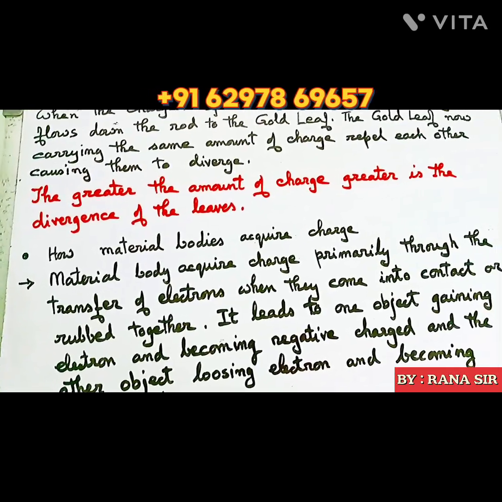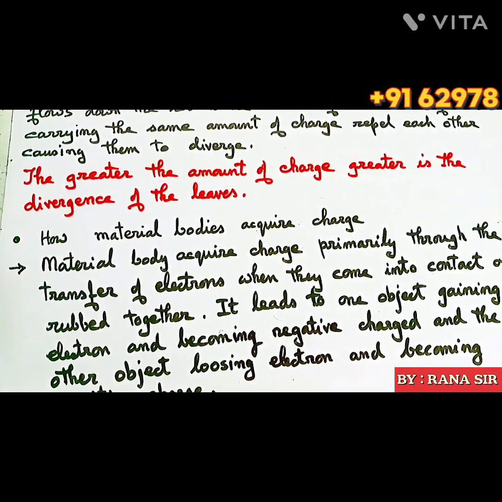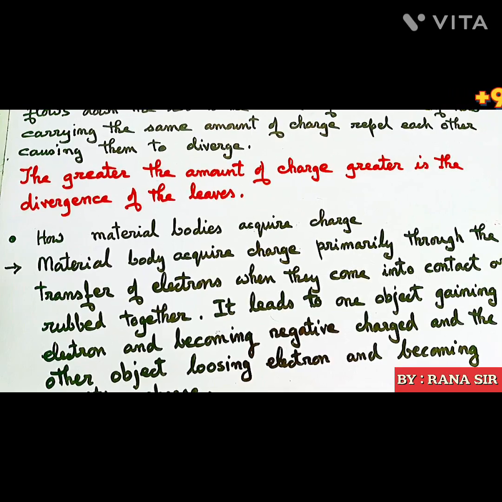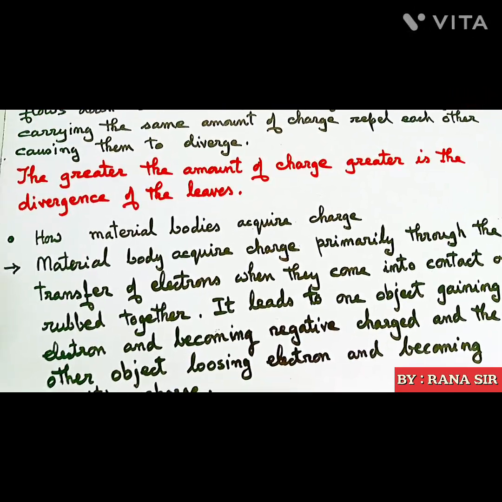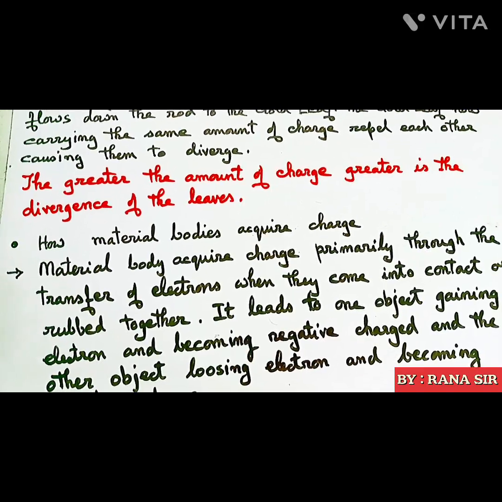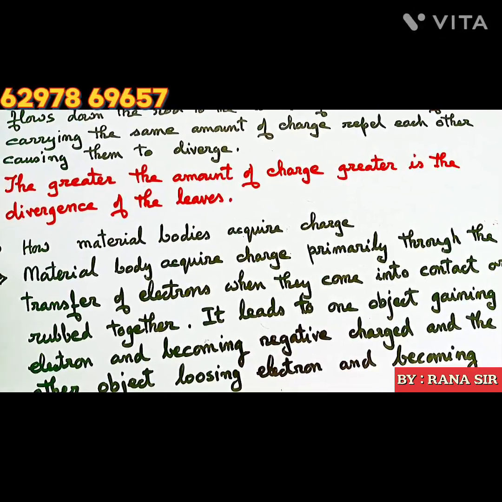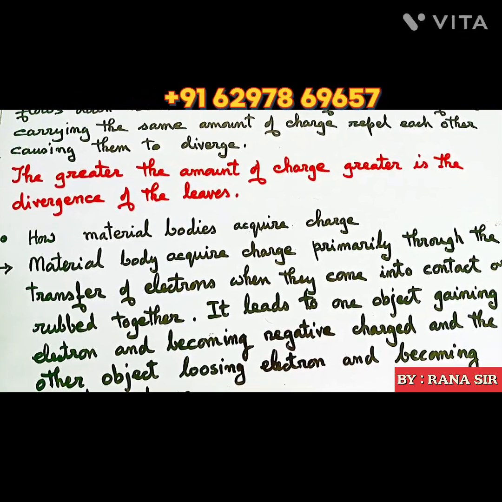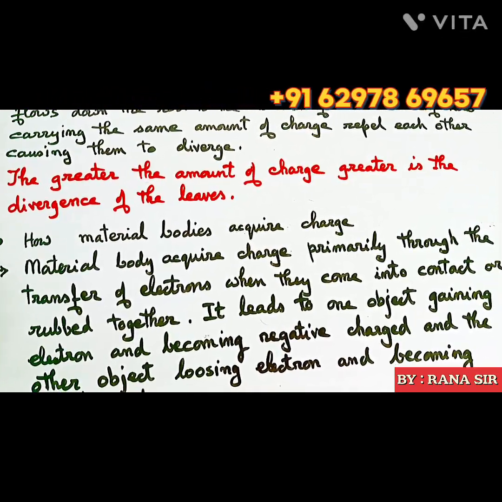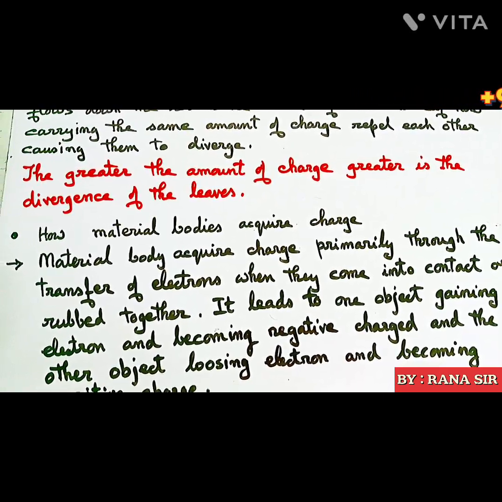The question in front of us now is how material bodies acquire charge. The previous lecture I have given was that all materials have the same number of electrons and protons, hence they are neutral. So how do material bodies now acquire charge?